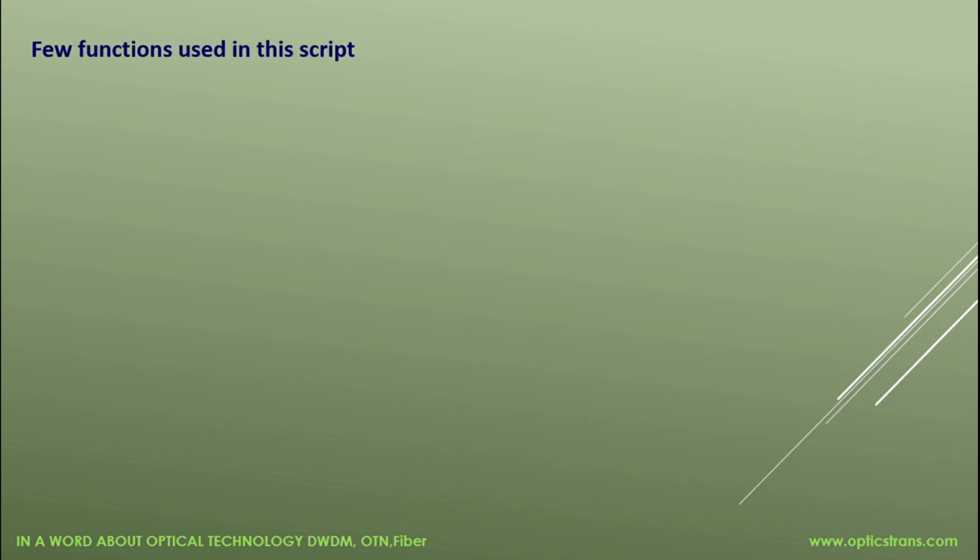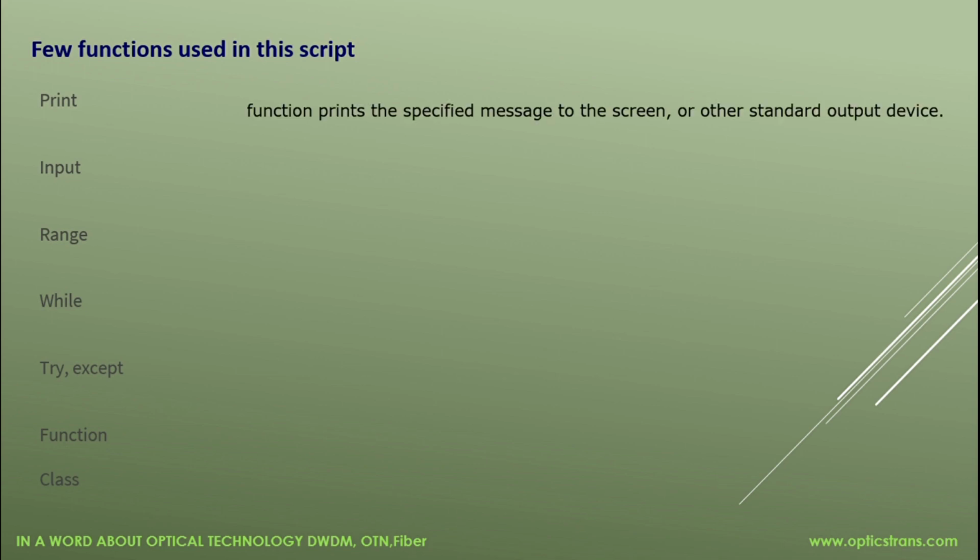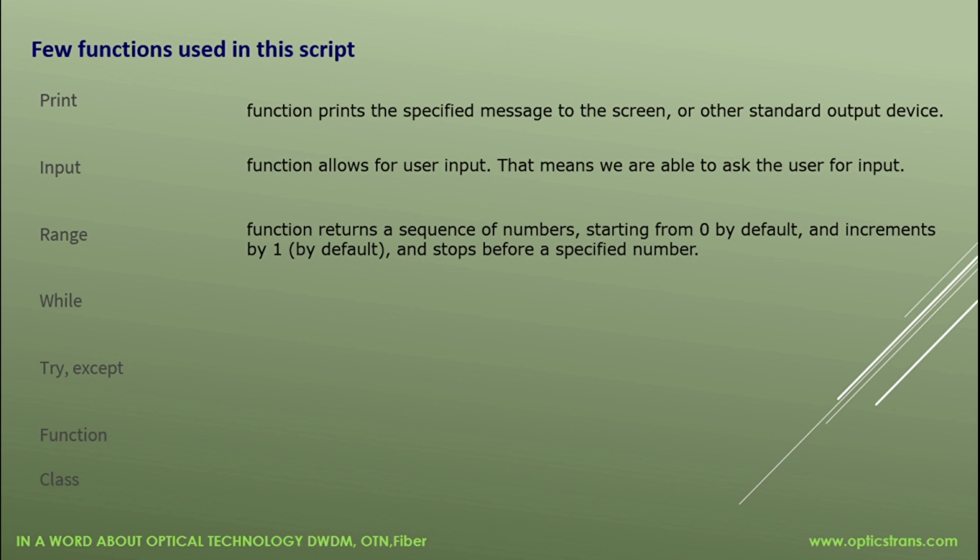And I used some functions in this script. Here is the list of some functions. I used the print function, which is used to show a message on the screen or our output result. The input function to ask the user for input. The range function so that my script can run within a specific range. The while function to execute a set of statements as long as my condition is true.